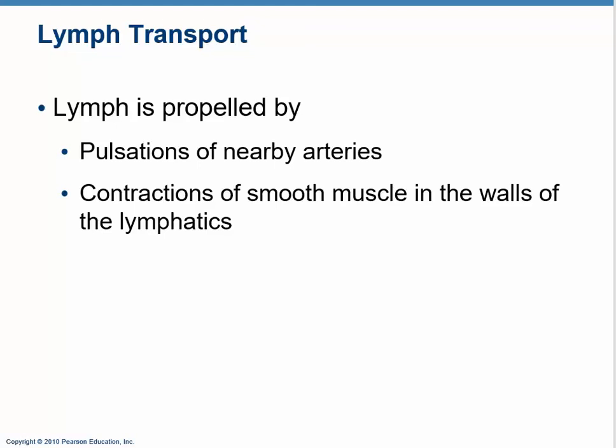So there's no heart, there's no pump that moves the lymph along. So what does it is actually pulsations in the arteries that this runs with, so that the pulse points of those elastic arteries actually, as the artery expands, squeezes the lymphatic vessel, which then increases the pressure in it, which moves it up via the valves in a one-way thing.